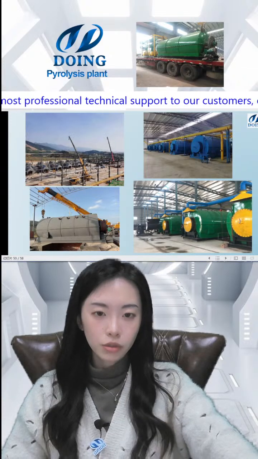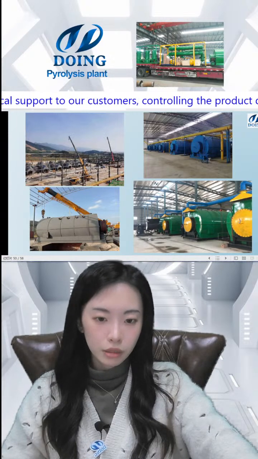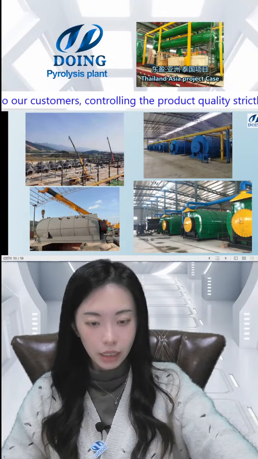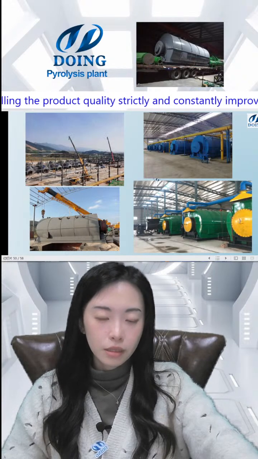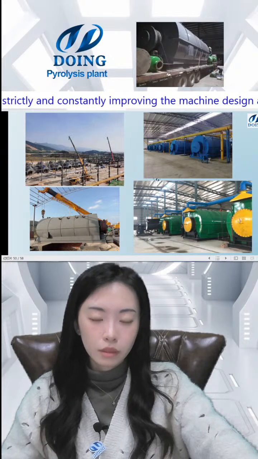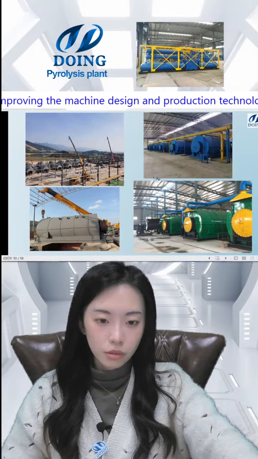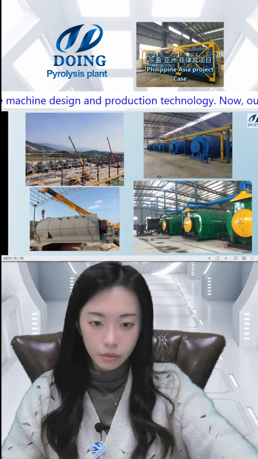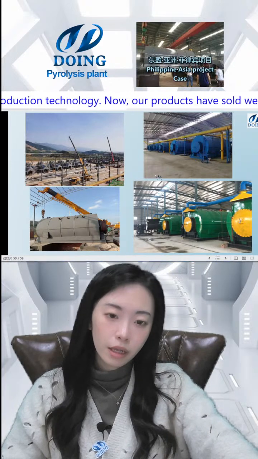Or if you want to know if there is any of our equipment in your country or in your city, you can just comment, or you can send a private message to us. We will give you some pictures or some introduction about the market in your region or the policies. The most important is the subsidies.